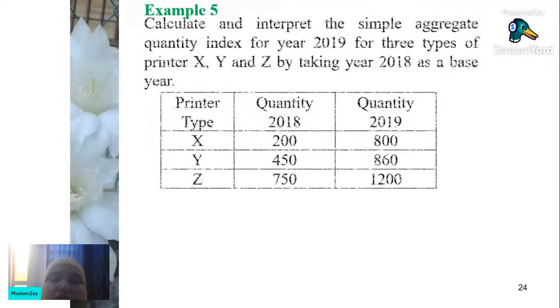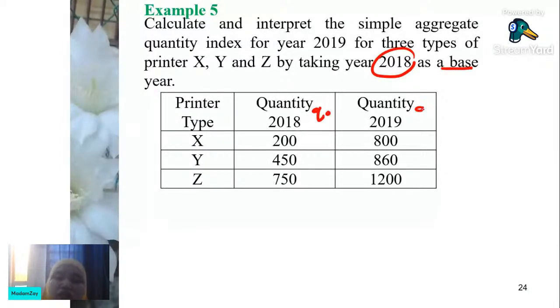Now example 5, we calculate and interpret the simple aggregate quantity index for year 2019 for three types of printer X, Y, and Z by taking 2018 as base. So this is Q0, this is Q1. What we want to find is the current year.